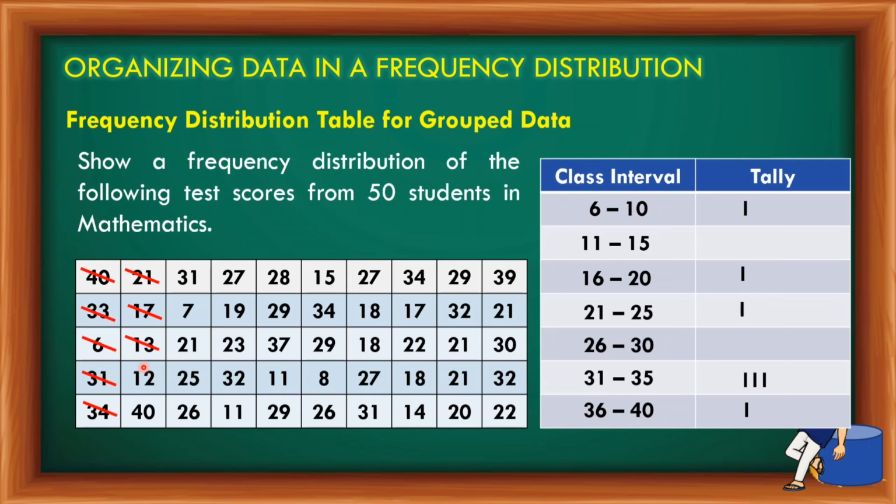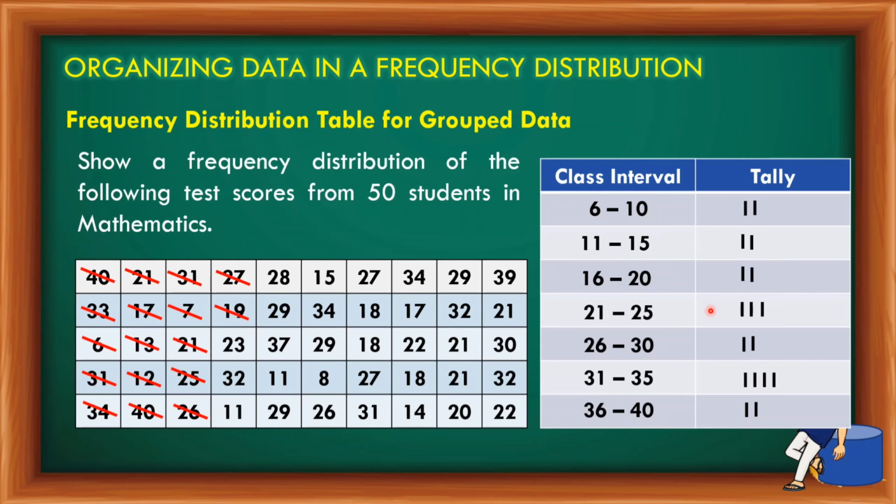Sa 13, sa 11 to 15. 12, sa 11 to 15 din. 40, dito sa 36 to 40. 31, dito siya sa 31 to 35. 7, 6 to 10. 21, mark 21 here, 21. 25 here, 25. 26, here tayo, 26. 27 sa 26 to 30.